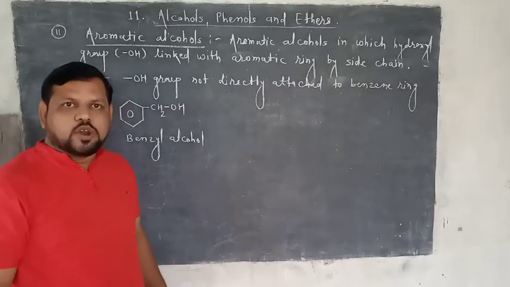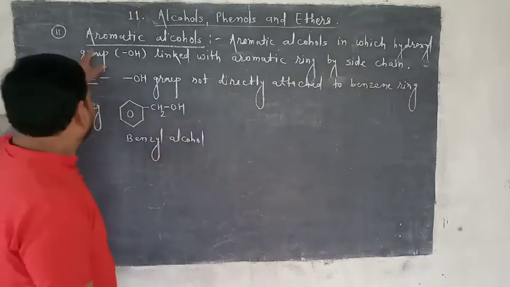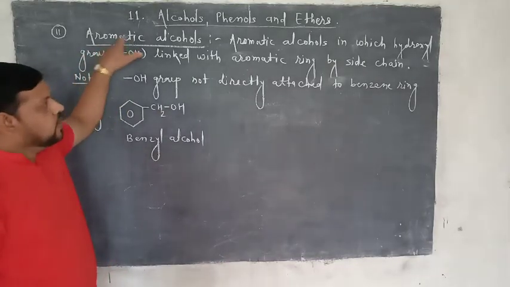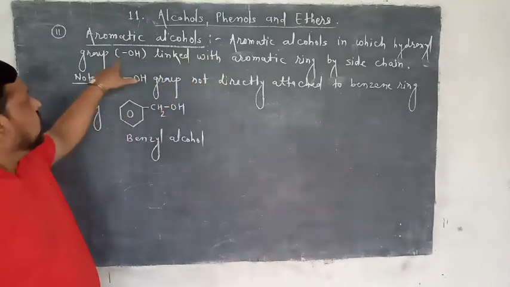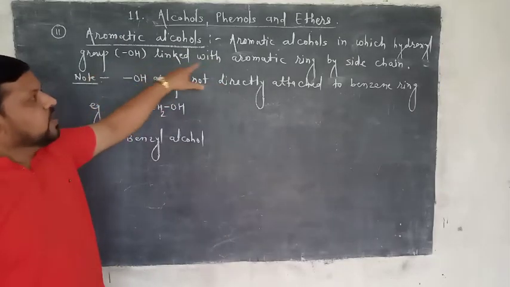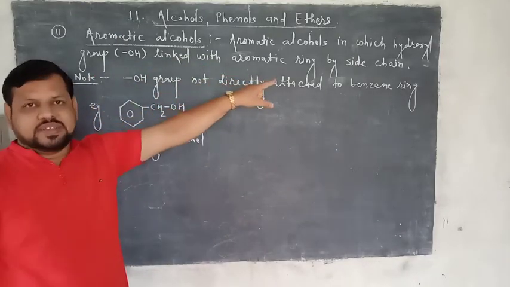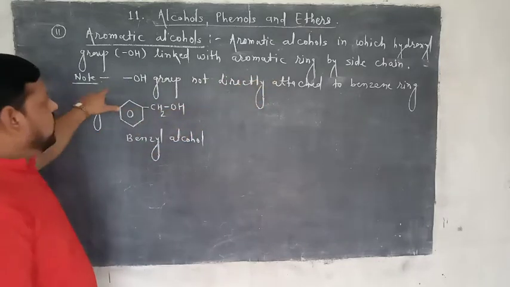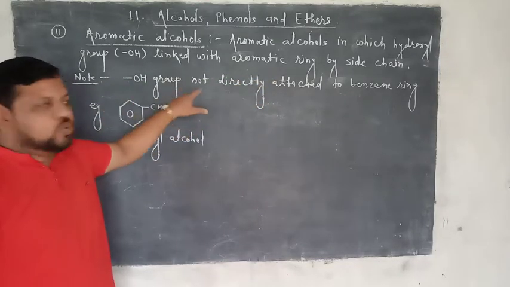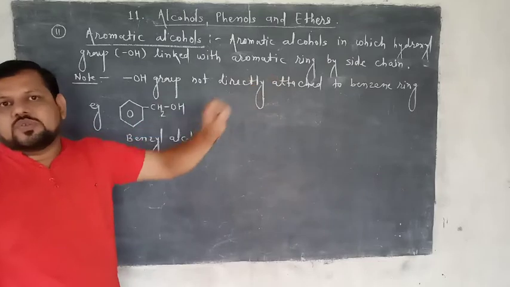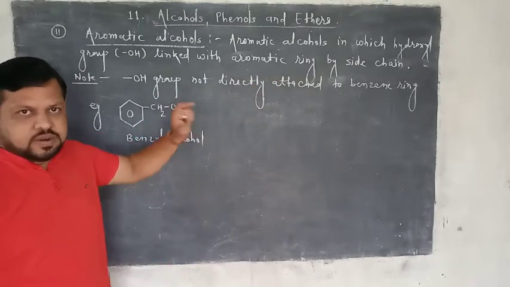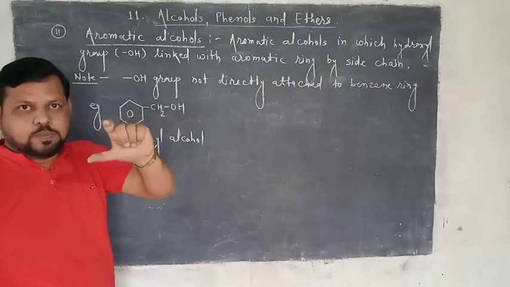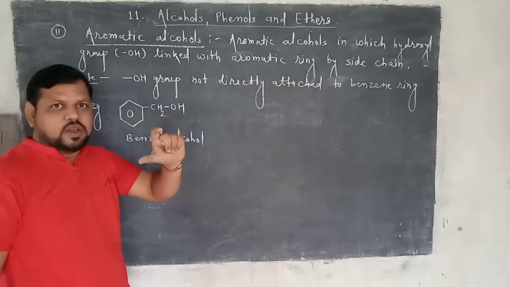The second type of aromatic hydroxy compound is aromatic alcohols. In aromatic alcohols, the hydroxyl group is linked with the aromatic ring by a side chain, so the hydroxyl group is not directly attached to the benzene ring. See the difference between phenol and aromatic alcohols.